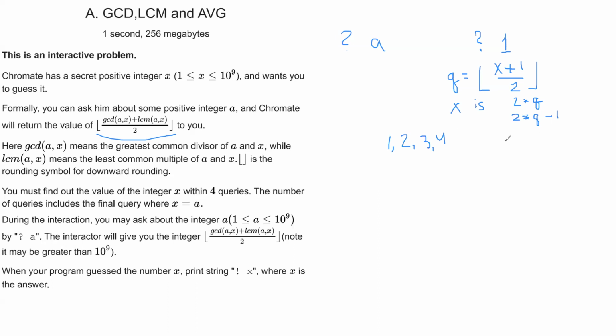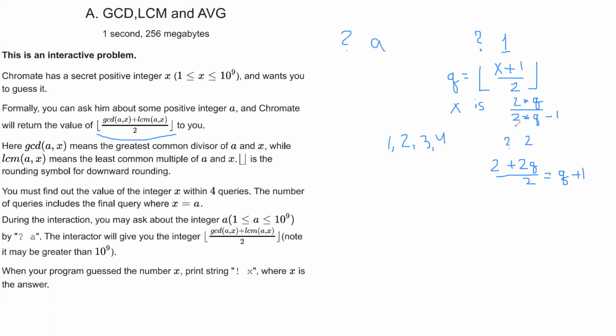For example, the next question can be question mark 2. If x is even, so it's 2 times q, then GCD is 2, and LCM is 2 times q, divided by 2 gives q plus 1.